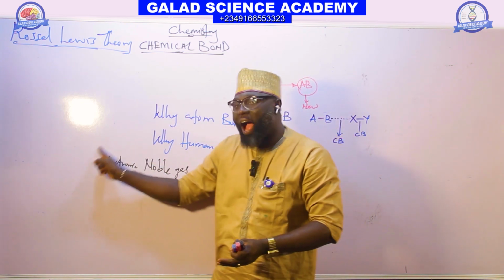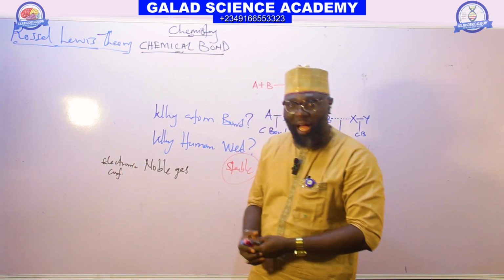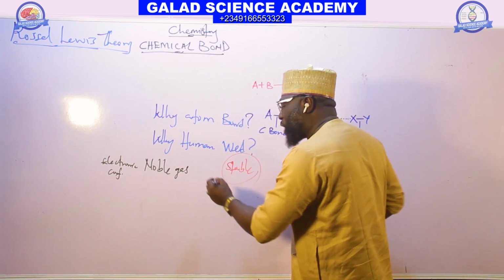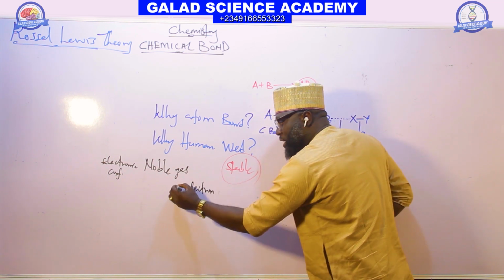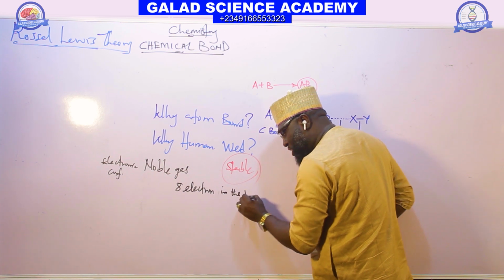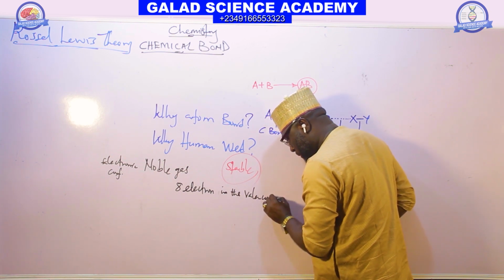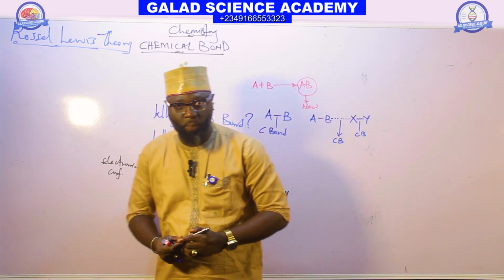That is, to have the electronic configuration of a noble gas, or in order to have 8 electrons in the valence shell. That's the reason for that.